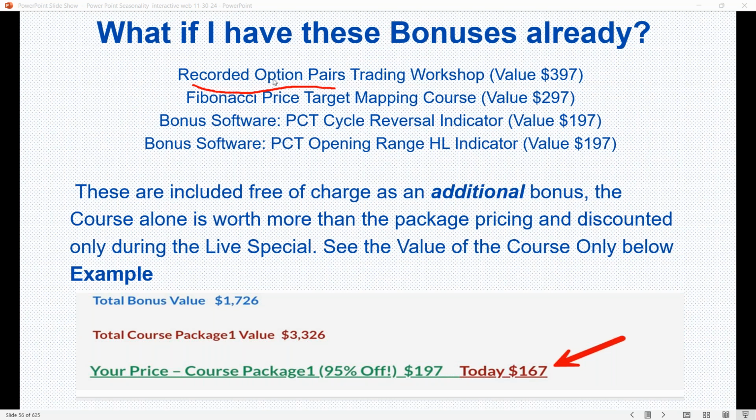So with this package, you're getting my pairs trading workshop, my Fibonacci target mapping course, cycle reversal, opening range breakout indicator. So these are just additional bonuses that you get. But the main thing is, you're getting everything for 167, and then you're getting all this stuff on top of it. So that's just to emphasize all the good stuff that you're getting out of this.